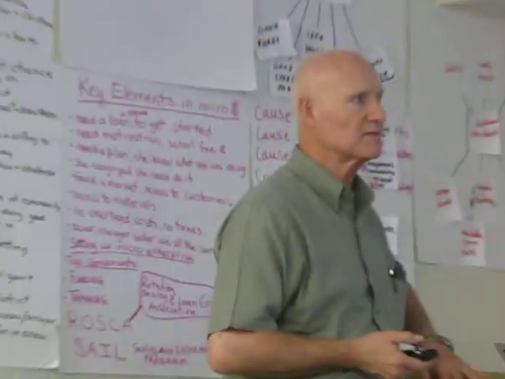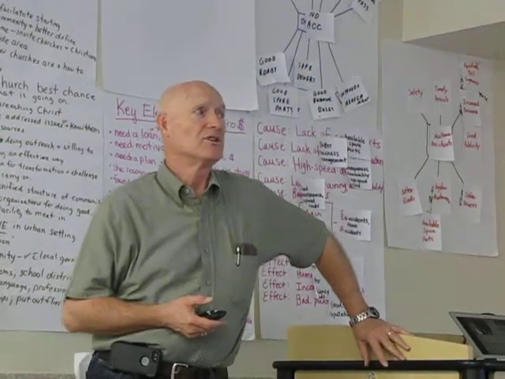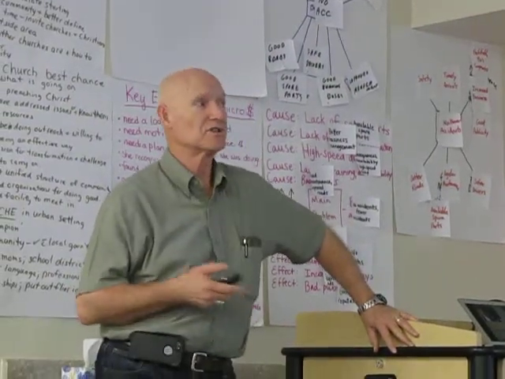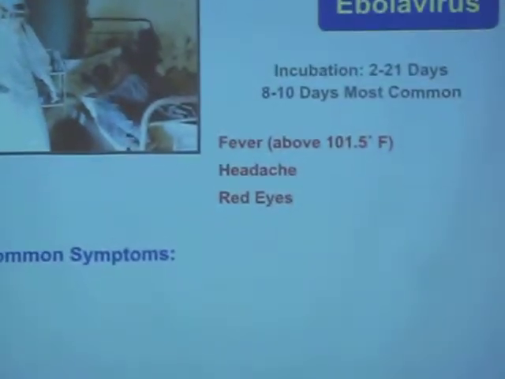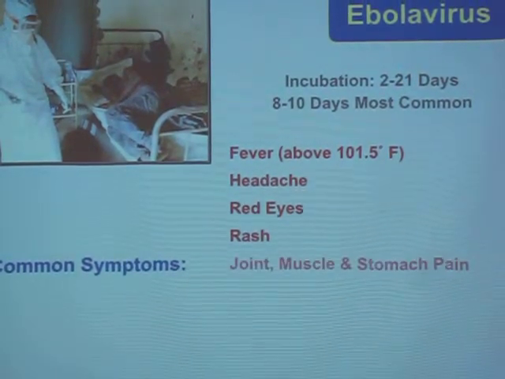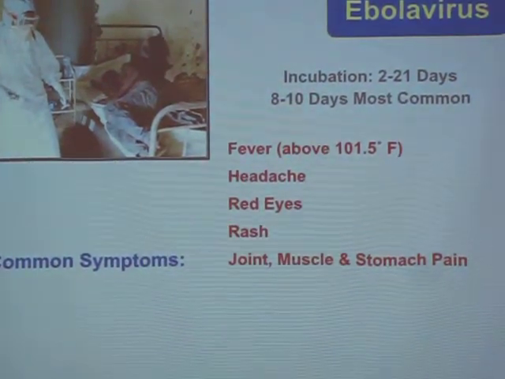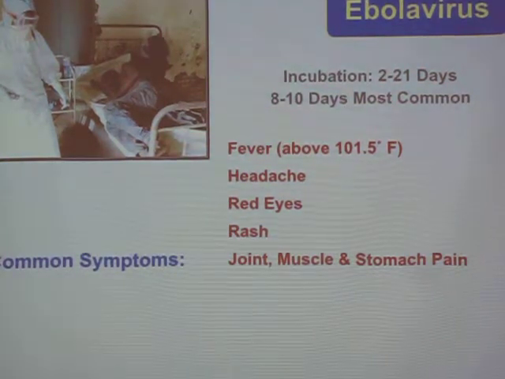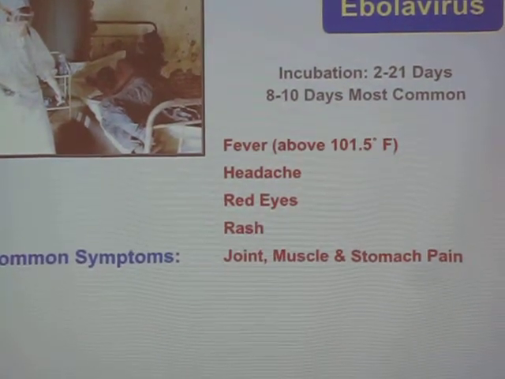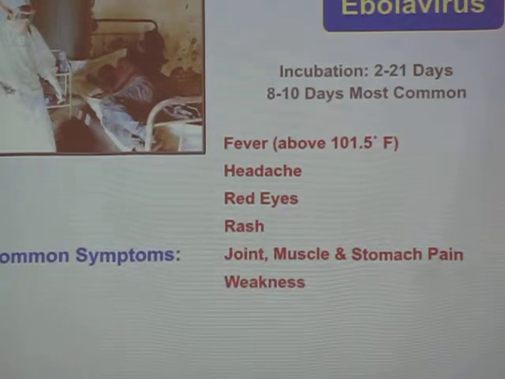So common symptoms: the incubation is 2 to 21 days, 8 to 10 most common. Fever, headache, red eyes, rash, joint, muscle, stomach pain. This defines about 3,000 disorders in developing countries.